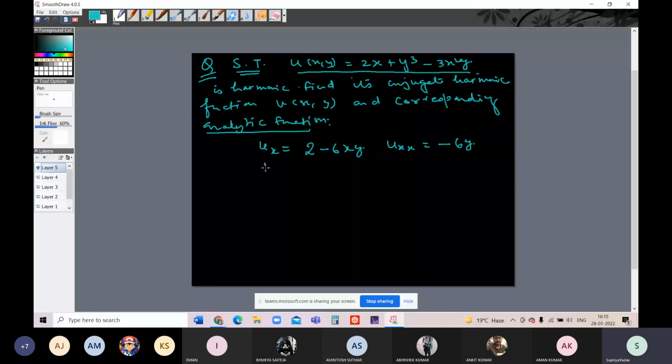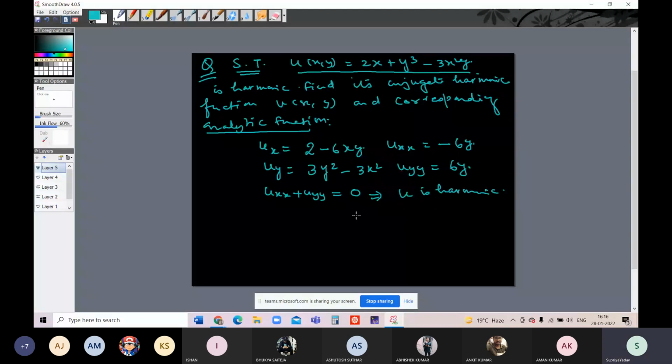Again, differentiating u partially with respect to y gives 3y² − 3x², and u_yy gives 6y. So u_xx + u_yy is 0. This implies that u is harmonic.